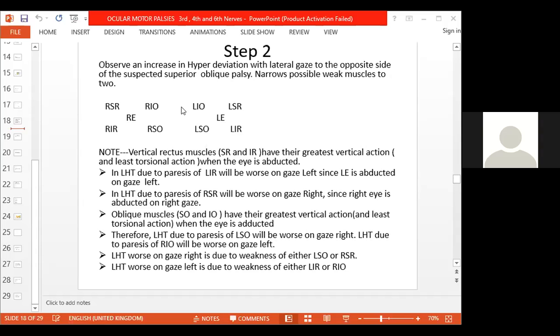Because the obliques are inside, the recti muscles are on the outer side. So these are pairs which work together to move the two eyes to the right. Equally, the left superior rectus, left inferior rectus, the right inferior oblique and the right superior oblique move the eyes to the other side.